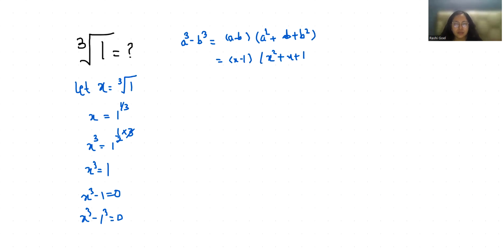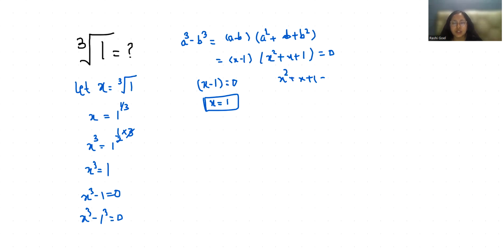Now these both are equals to 0. So first x minus 1 is equals to 0. So x is 1 and x square plus x plus 1 is equals to 0.